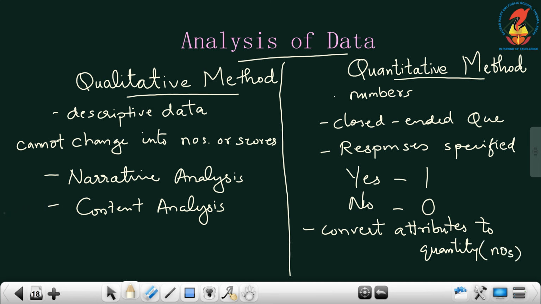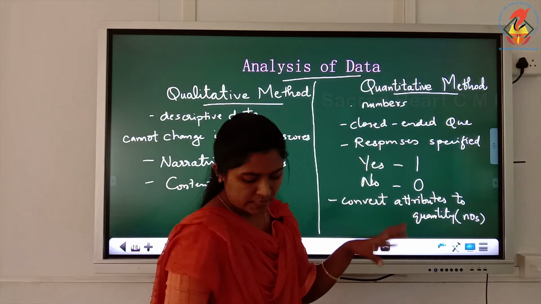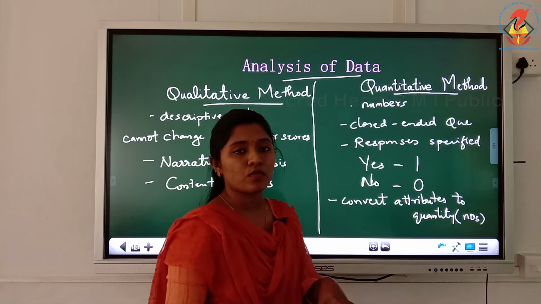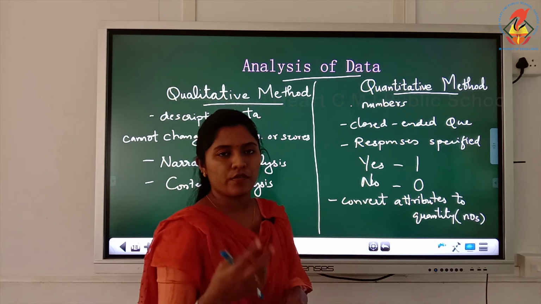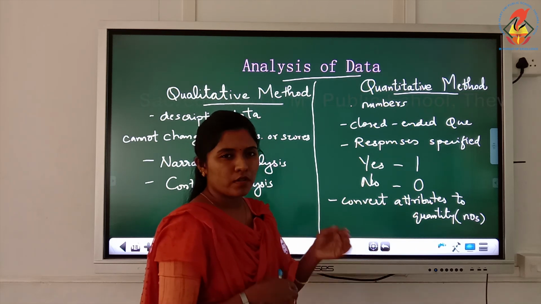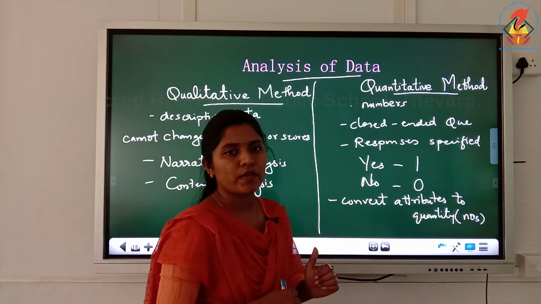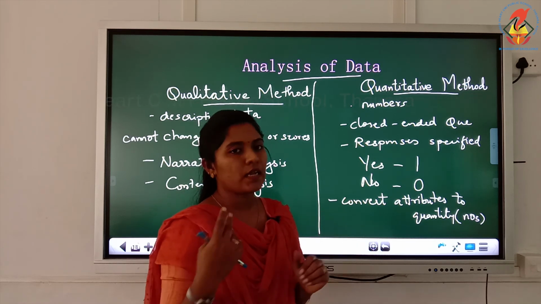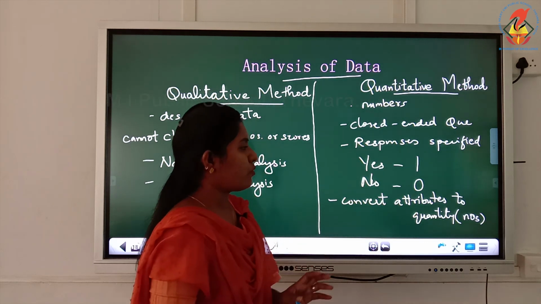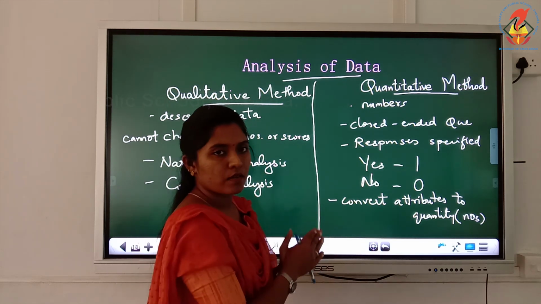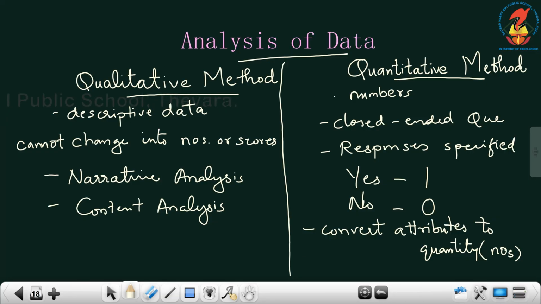The researcher converts the psychological attributes to quantity in quantitative method. So, for analyzing or comparing the scores, we can use statistical methods such as central tendency, mean, median, mode that you will study in detail later. For now, just remember that we can use statistical methods here to compare the data.